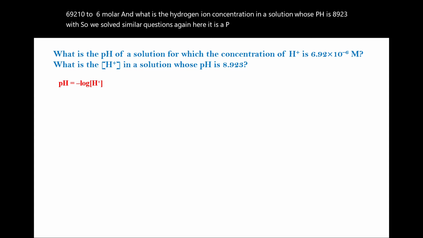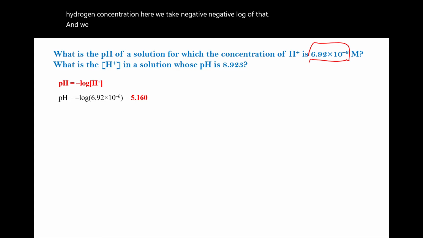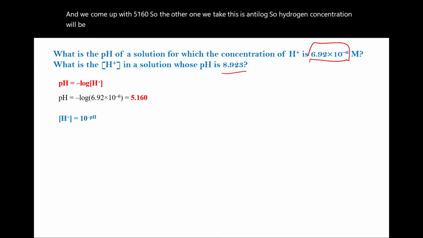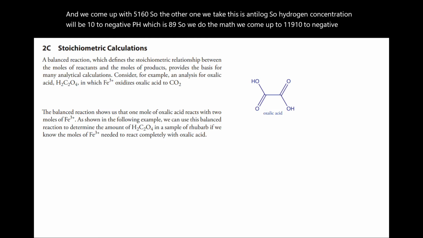For pH, as long as we have the hydrogen concentration, we take the negative log of that, and we come up with 5.160. For the other one, we take the antilog. So the hydrogen concentration will be 10 to the negative pH, which is 8.923. We do the math, and we come up with 1.19 times 10 to the negative 9 molar.